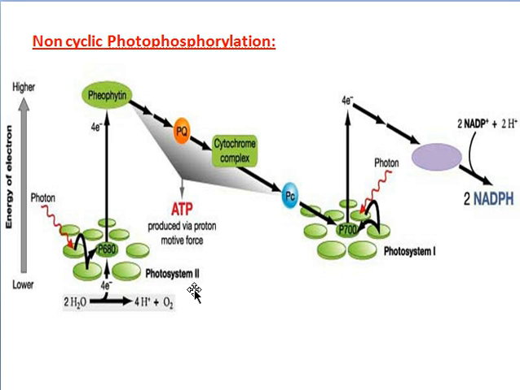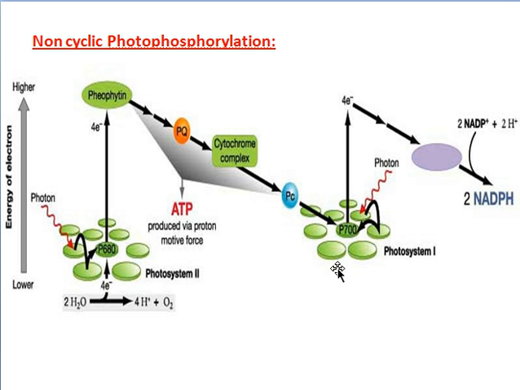Photosystem 2 contains the main chlorophyll molecule of the plant, whether it is chlorophyll A or chlorophyll B, and the green discs shown all around this P680 are the other molecules of chlorophyll, as well as the accessory pigments like carotenoids, xanthophylls, and others. Together they constitute photosystem 2, having the photocenter P680.